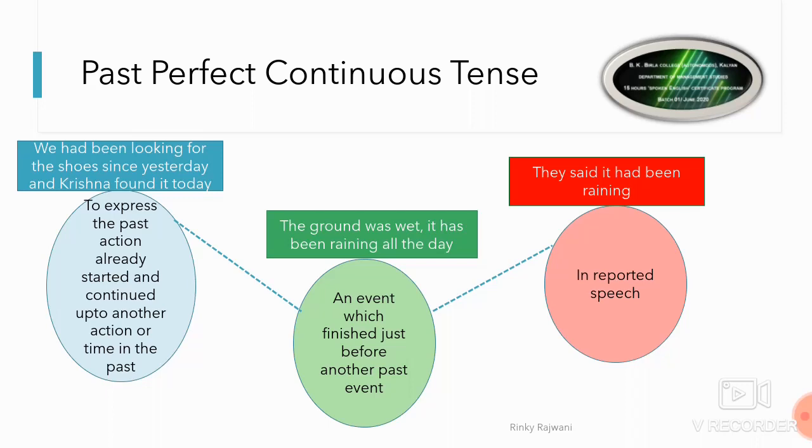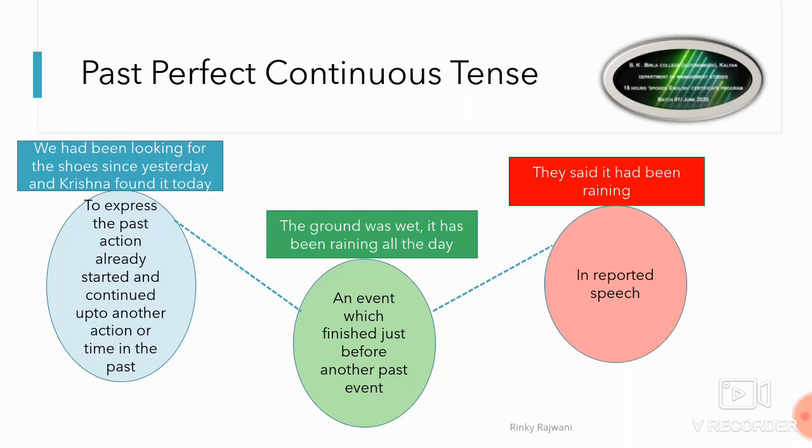The next use is an event which finished just before another past event. For example, the ground was wet. Why was the ground wet? Was is already in the past. It was wet because it had been raining all day. So again the event happened just before the past event.